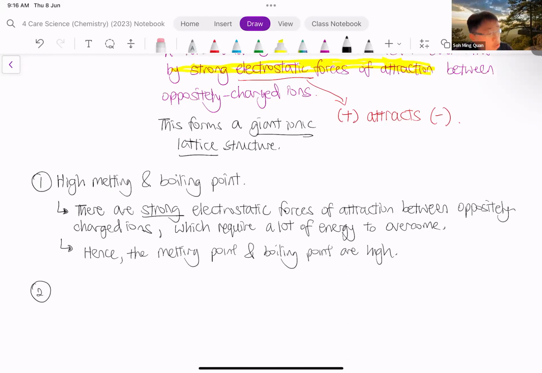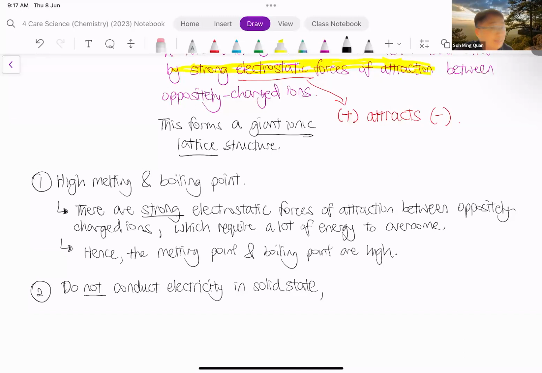All right. So as it turns out, ionic compounds with a giant ionic lattice structure, they do not conduct electricity in the solid state. So if it's a solid ionic compound, it will not conduct electricity at all. If you connect it to a battery and a light bulb, the light bulb doesn't light up.